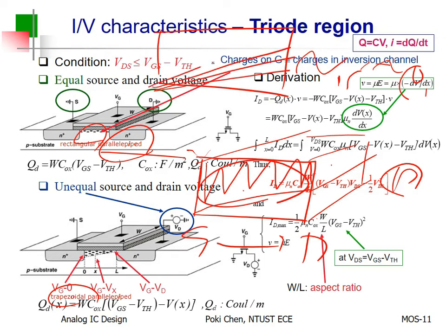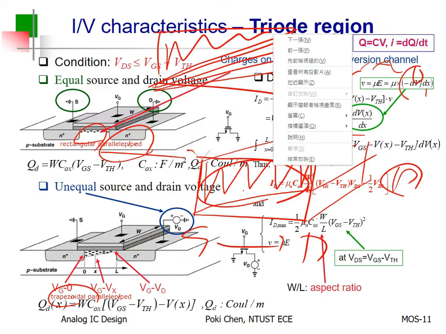The higher the voltage at the drain, the more it will look like that. So the bottom plate will be changed. So what is the impact on your conductivity?